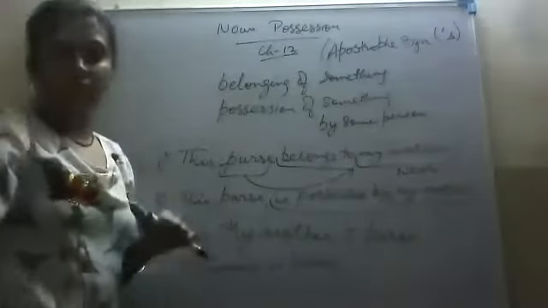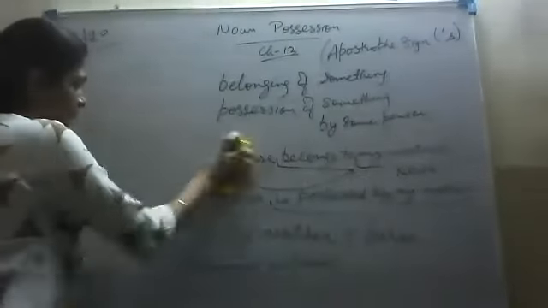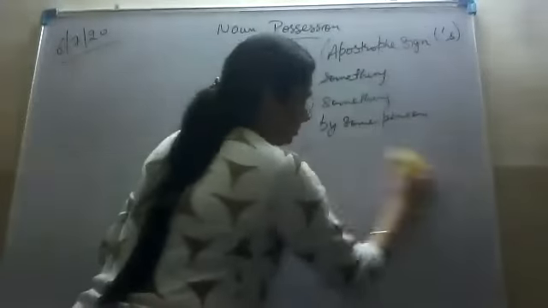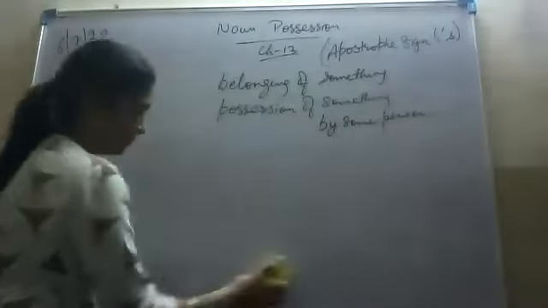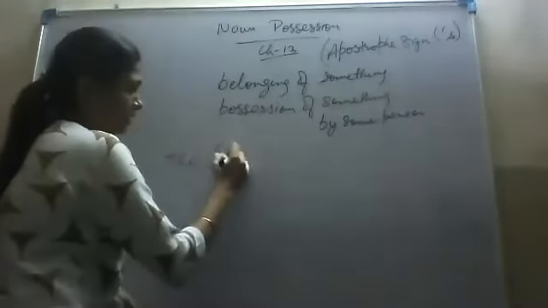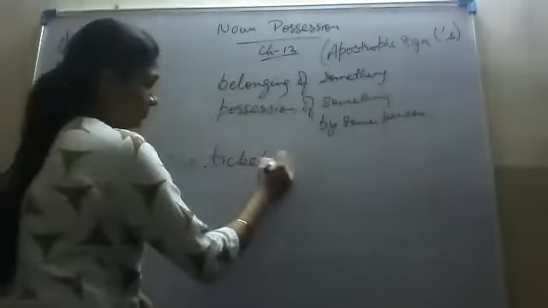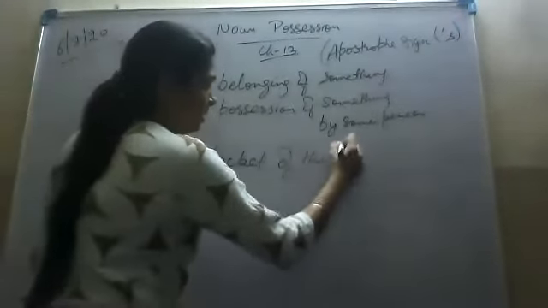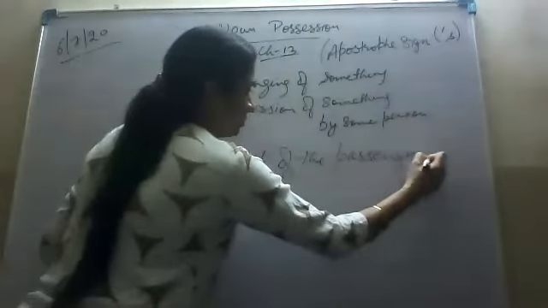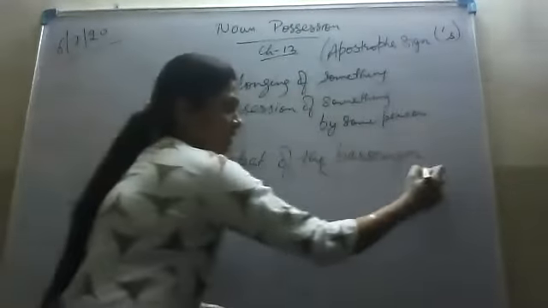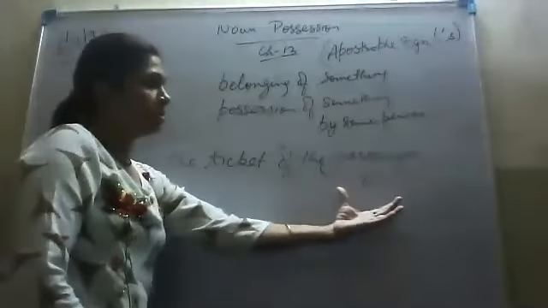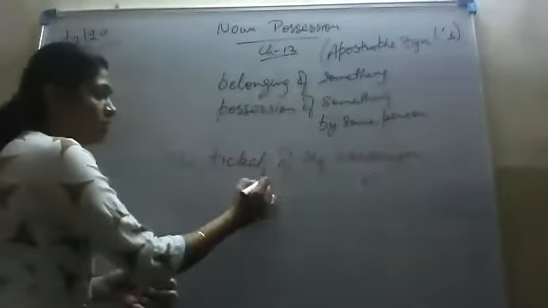Again, I will give you one more example. The ticket of the passenger. Now in this, passenger is the noun or the person, and this person is possessing a thing, which is a ticket.